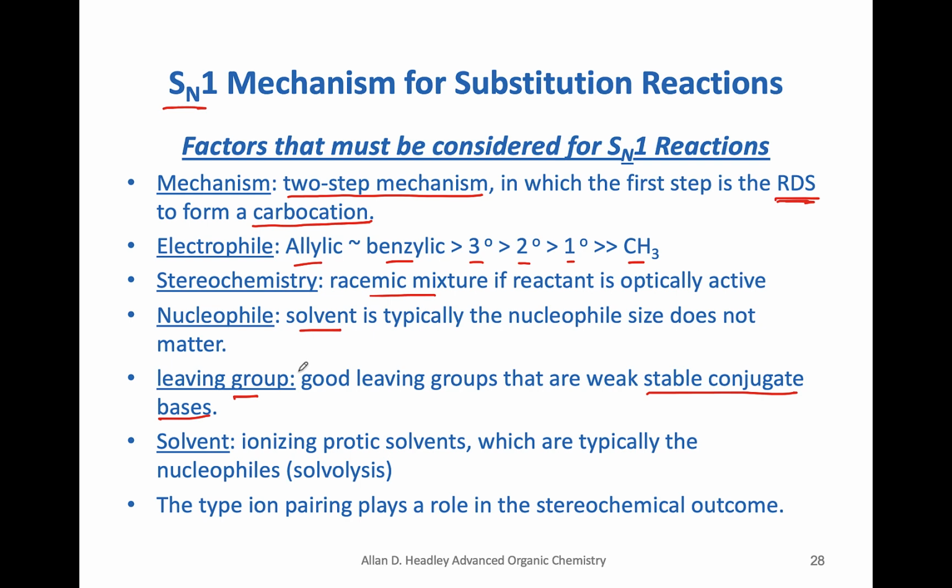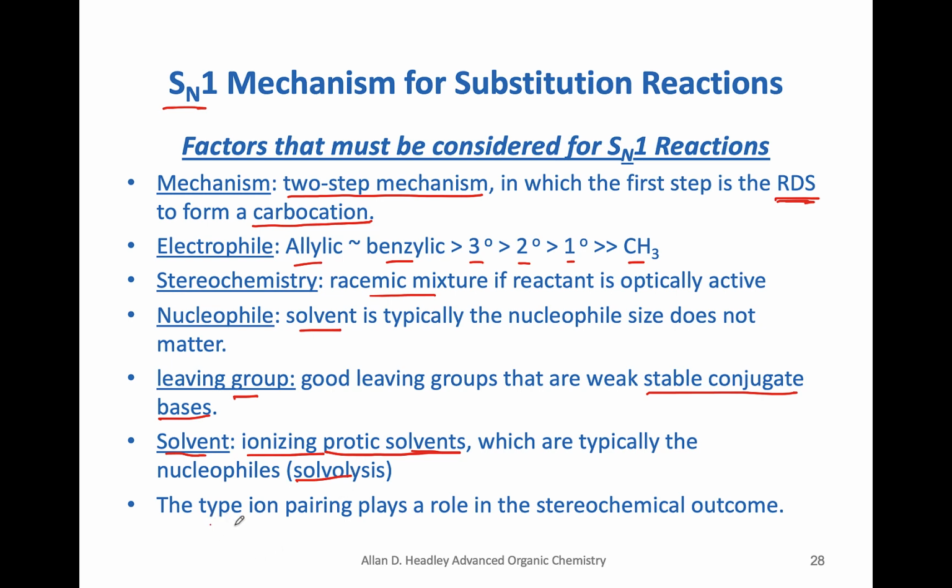If it's a weak conjugate base, it's a good leaving group. If it's a strong conjugate base, it is a poor leaving group. Solvent is ionizing, with a high dielectric constant and dipole moment; protic solvents are typically used for solvolysis.